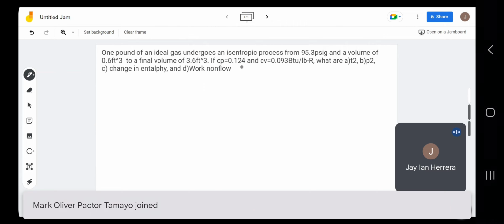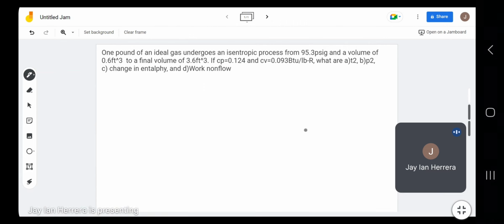If Cp is equivalent to 0.124 and Cv is equivalent to 0.093 BTU per pound Rankine, what are letter A, temperature 2, letter B, the final pressure or pressure 2, letter C, the change in enthalpy, and D, the non-flow work?